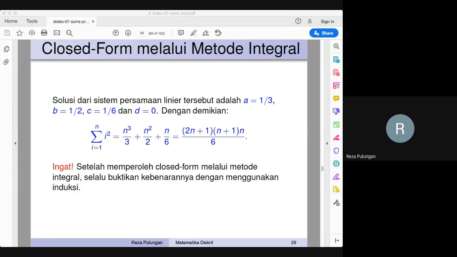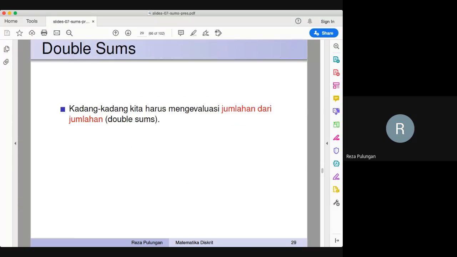Okay. Now let's continue. I don't really think that we will be able to go to the end of this chapter, but there's something that is really important that I have to cover, namely it is called double sums. What does it mean by double sum? Double sum is summation that is doubled. Sometimes there are many occasions that you need this.